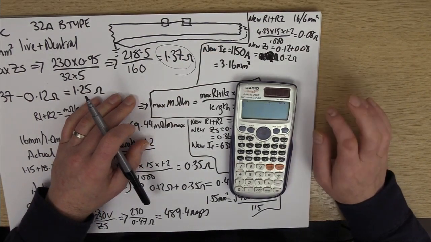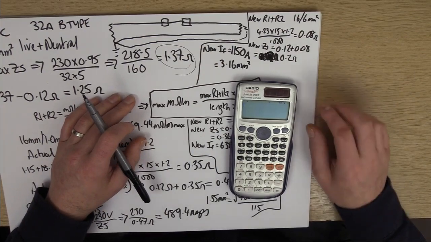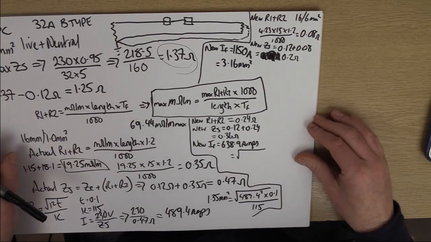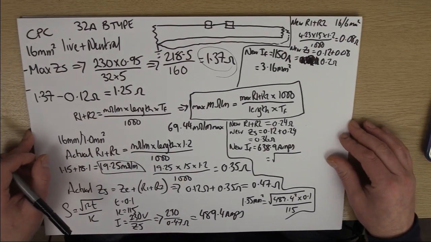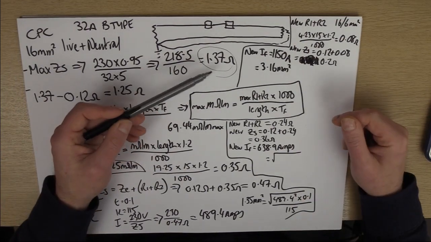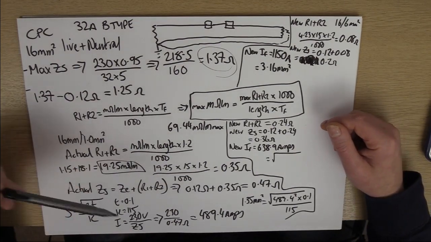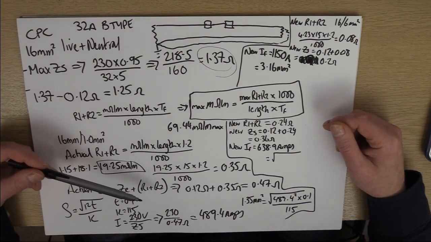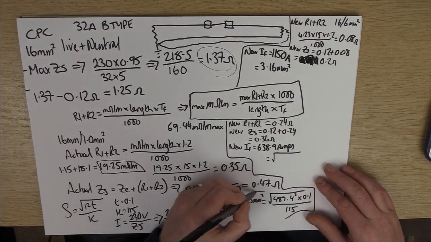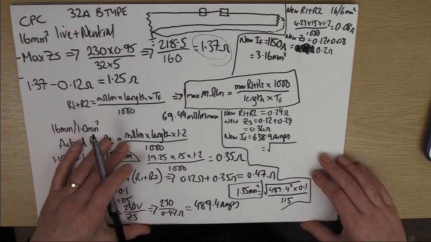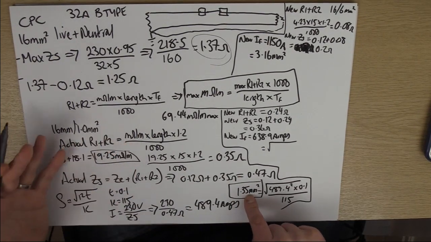So there you go. That's quite a good one actually. I didn't realise it was actually going to turn out like that. But you can see that just because your ZS complies, it doesn't mean your adiabatic's going to comply at all. And if you calculated it for a 1mm, you might look at that and just go, 1.5 then.